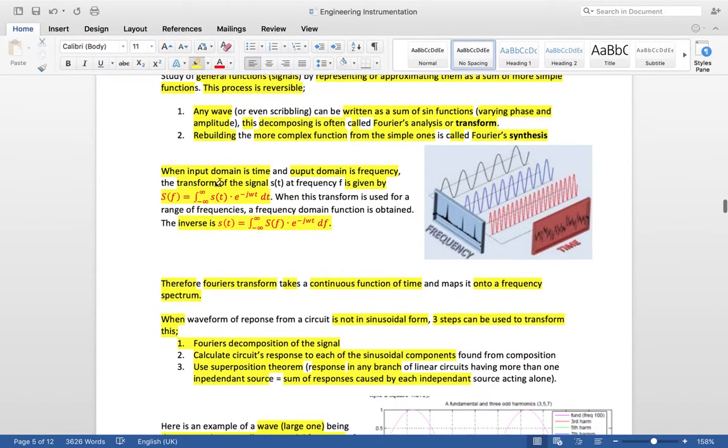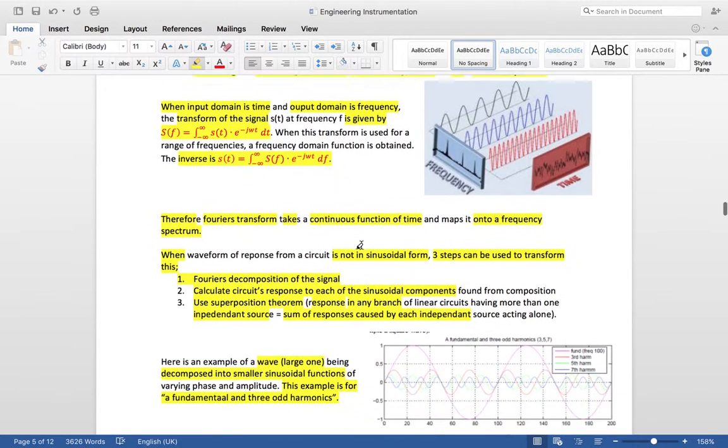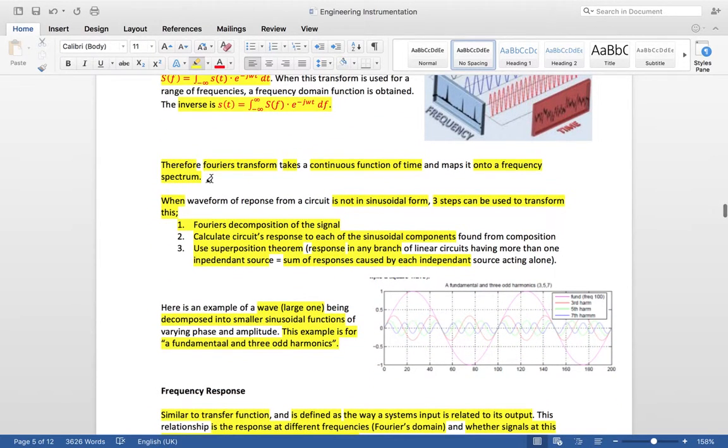And when the input is in the time domain and the output is in the frequency domain, the transform of the signal is converted using the following formula. So to convert from time to frequency domain, use this formula. Vice versa, if you want to convert frequency into time, use this formula. Fair enough. Therefore, the Fourier transform takes the continuous function of time and converts it into the frequency spectrum.